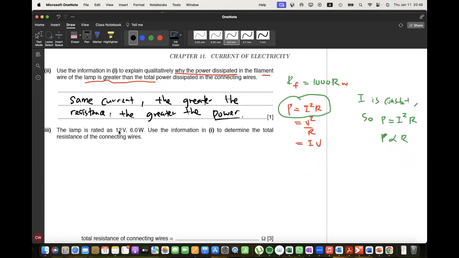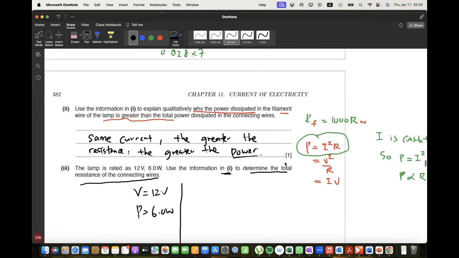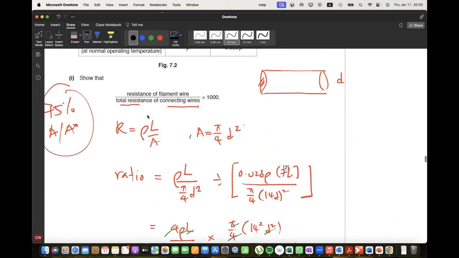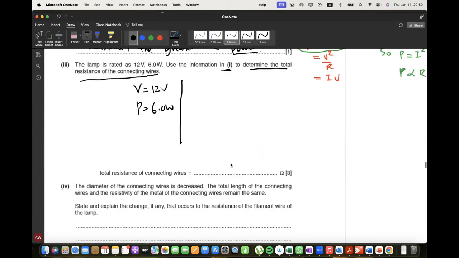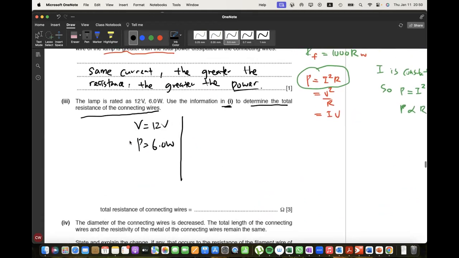Lamp, the voltage 12, power 6. Use the information in I1 to determine the total resistance of the wire. I1 is this one. Can we get the resistance of the filament from here? V and I are P and V. What is the relation between P and V? P equals what?